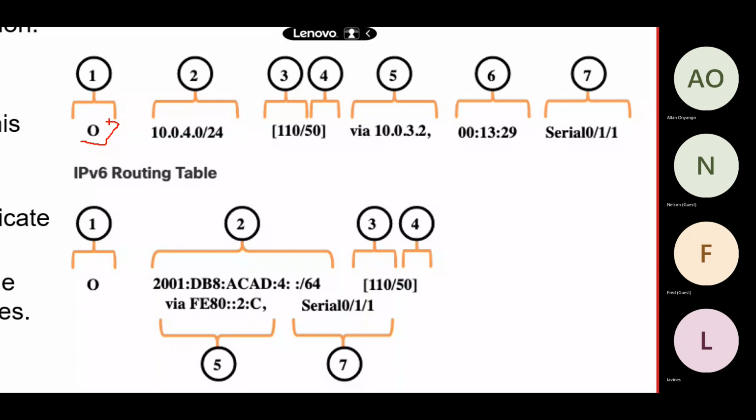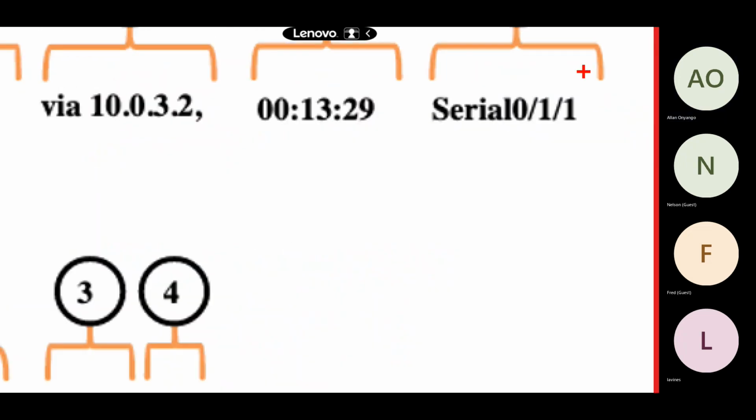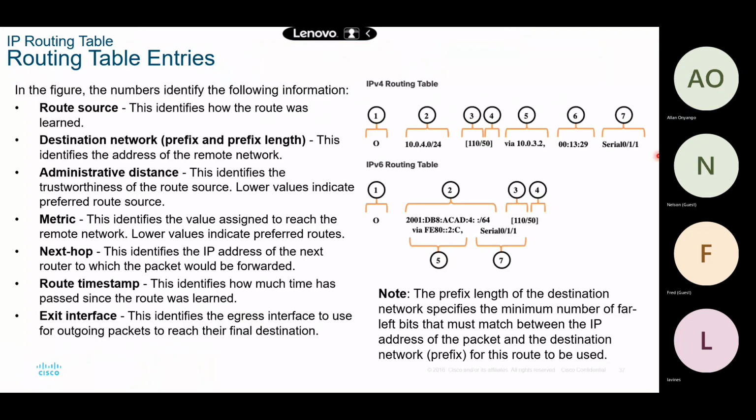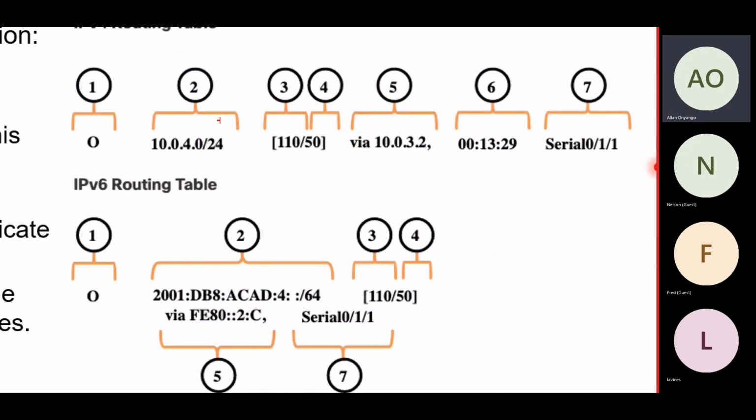Column number 2, sorry. Column number 2 is actually the remote network that was learned, which is that remote network that was actually learned within our network.